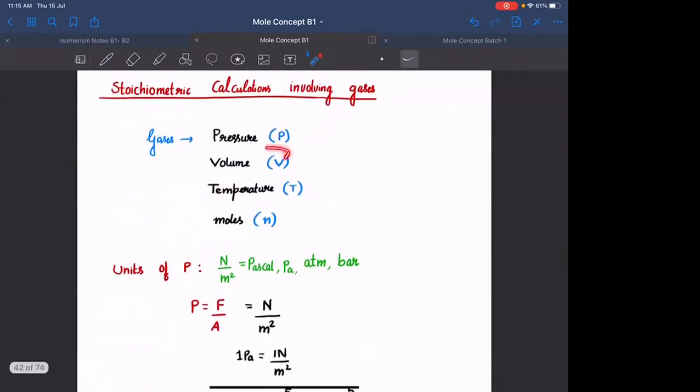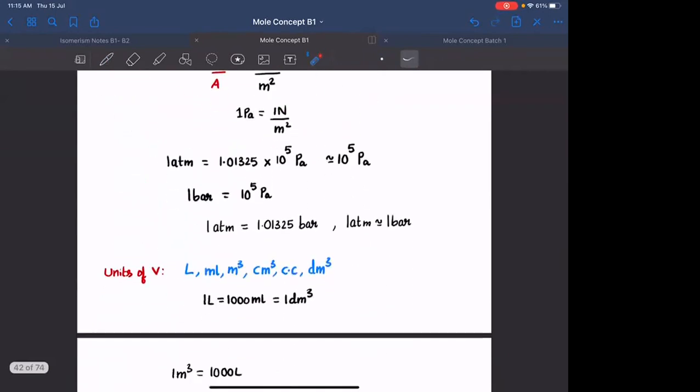Next, volume. You can measure volume in different units. Most common unit is liter, milliliter. इनके अलावा you can have centimeter cube, meter cube, cc. cc indicates cubic centimeters. dm cube indicates decimeter cube.